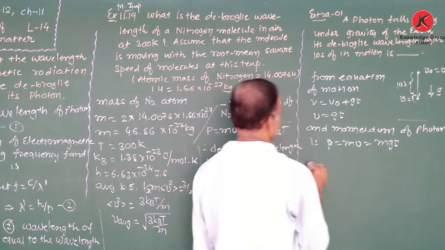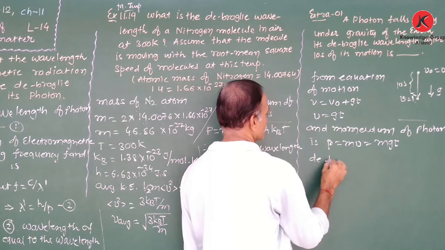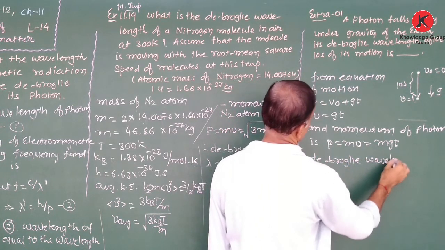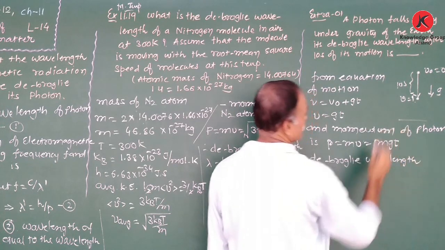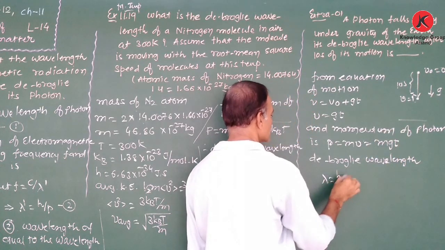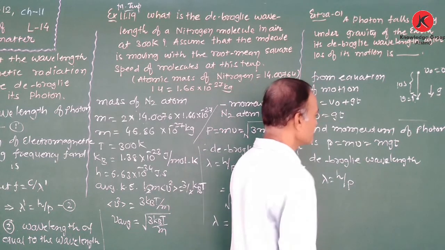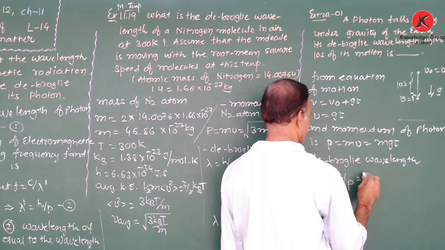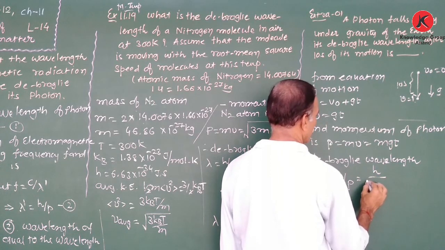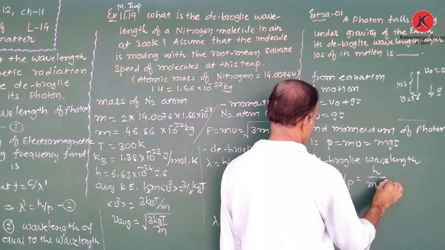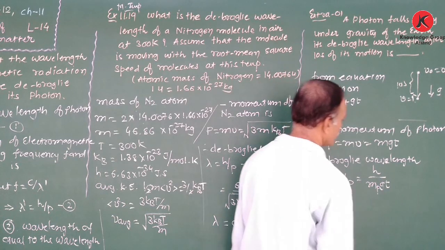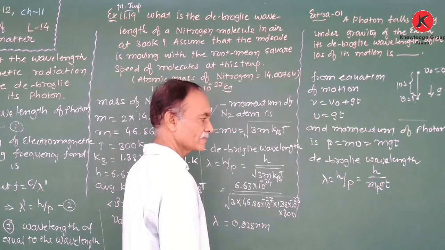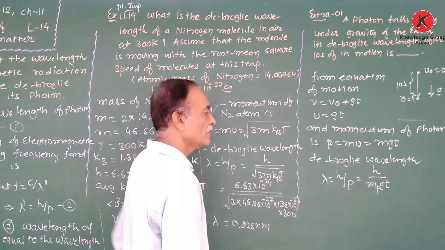Therefore, the de Broglie wavelength lambda is equal to h upon p, that means h upon mp g t. t is given as 10 seconds, g is the gravitational acceleration 9.8, and mp is the mass of the proton.